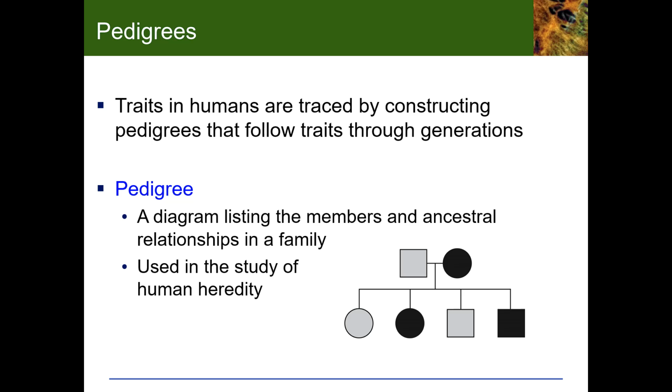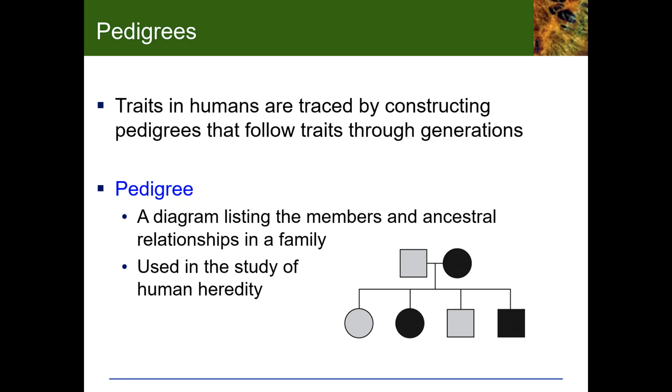Now, pedigree charts are used in humans to trace generations, to look at relationships in a family, and to study heredity. They look like these boxes and balls, as you have probably seen in biology classes in the past. And so a pedigree is a diagram listing the members and ancestral relationships in a family.